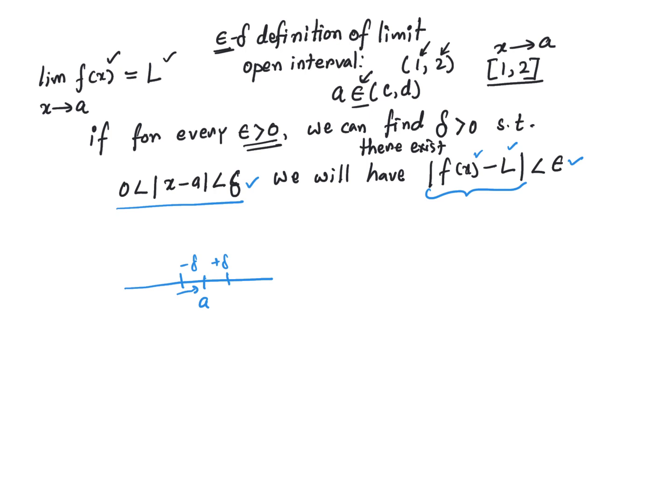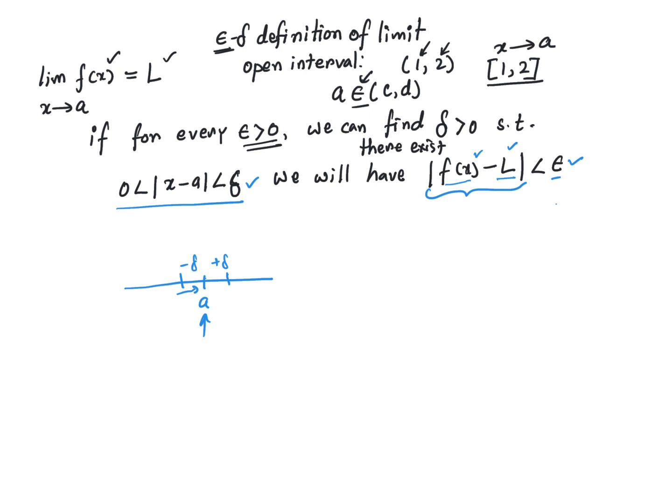So by controlling epsilon, we can control delta too. I can make my epsilon as small as we want, and we will always be able to find a neighborhood or window around a ensuring that the difference between f of x and the limit is less than epsilon.